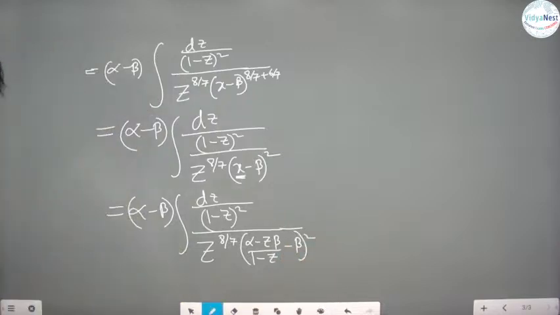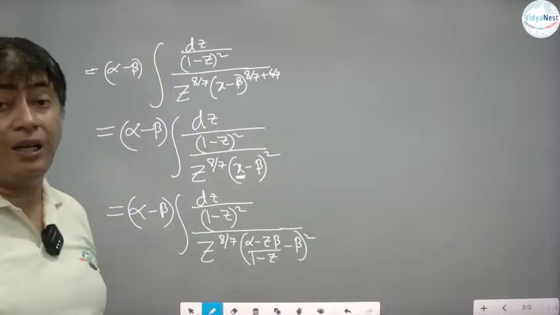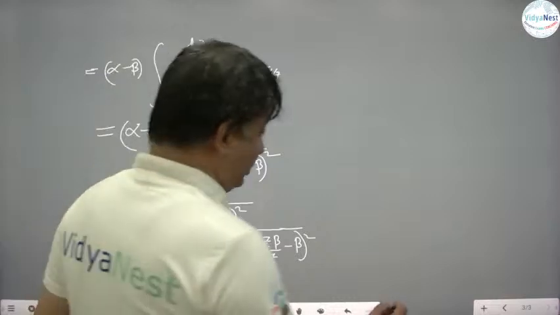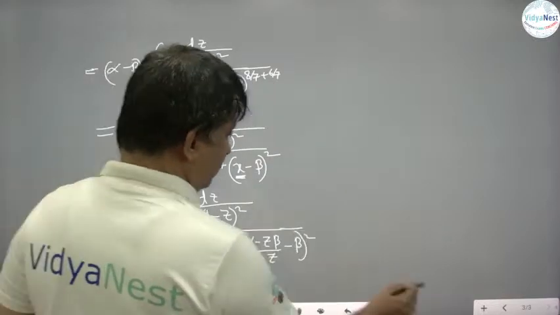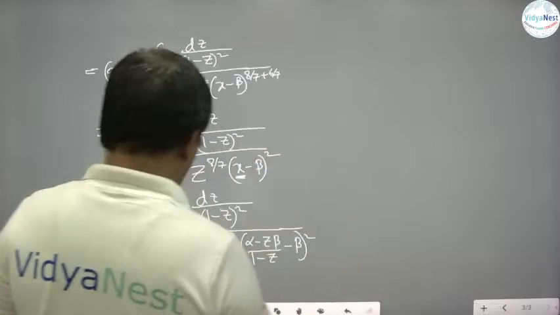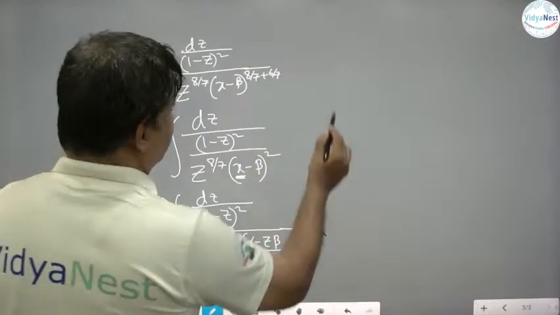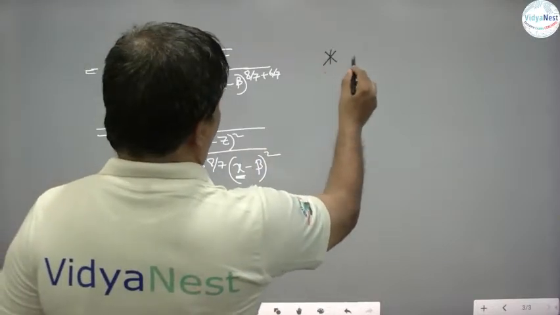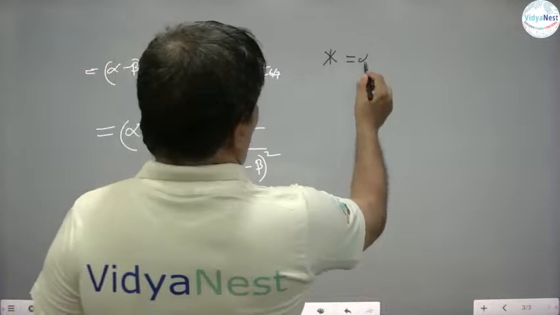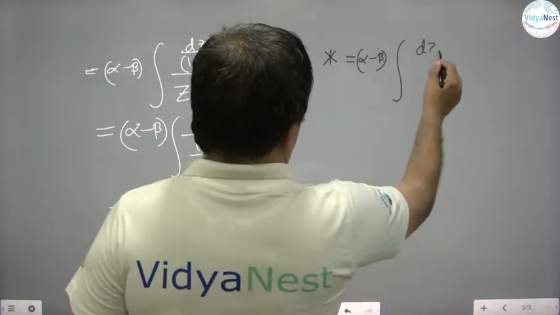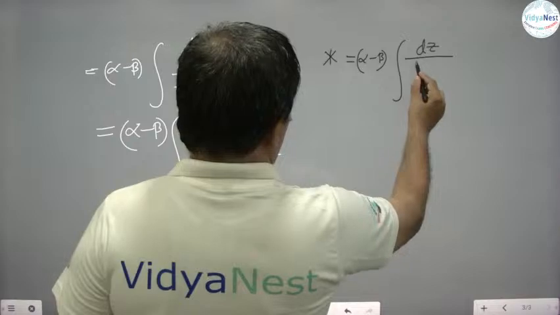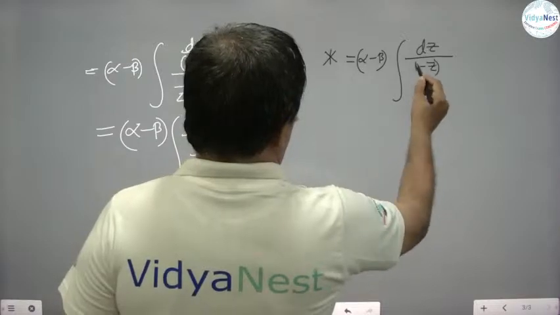Okay. Now we are about to reach the final conclusion. See, after this stage, skip to this region. Alpha minus beta dz, 1 minus z whole square.